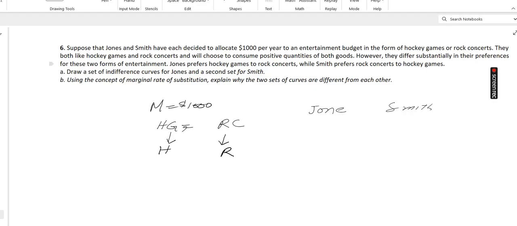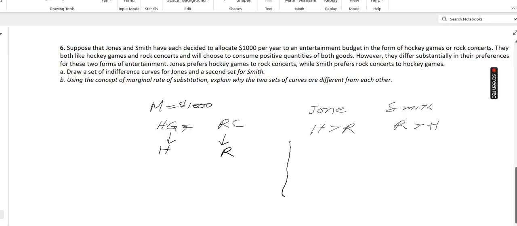John prefers hockey to rock concerts, and for Smith, rock concerts are preferred over hockey games. This is actually given in the question. The question says to draw a set of indifference curves for John and a second for Smith. Now we really want to have the indifference curves for John and Smith.